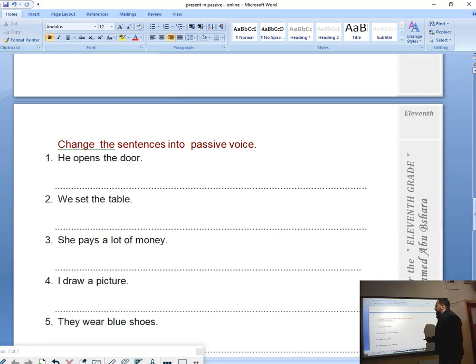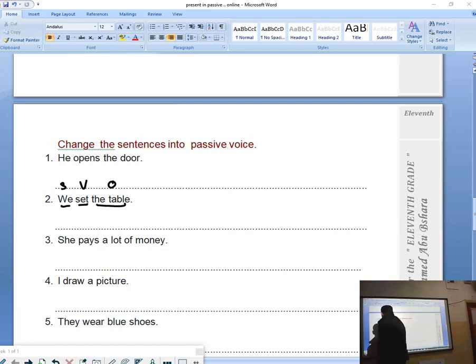We set the table. We divide it just like the first one. We is the subject, set is the verb, the table is the object. We start just with the object, the table.